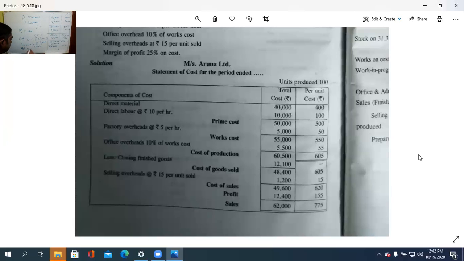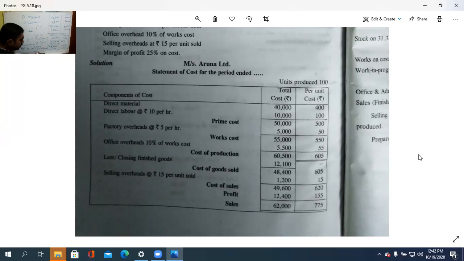Add selling overhead at 15 per unit sold. How many units are sold? 80, isn't it? So 80 into 15, that is 1,200. So 48,400 plus 1,200 is 49,600.